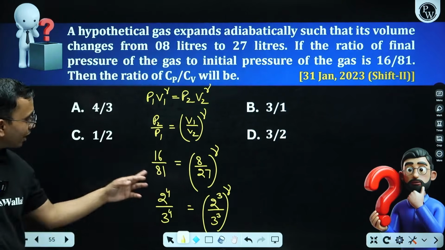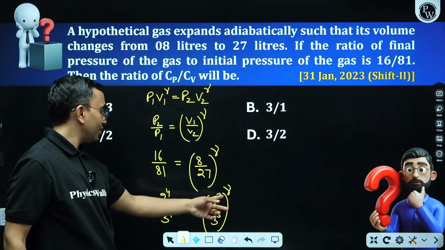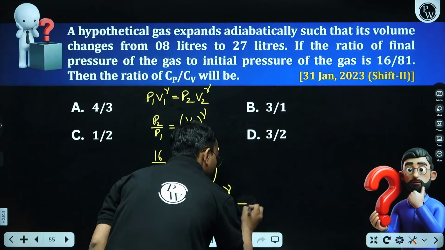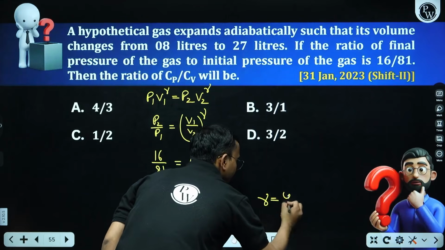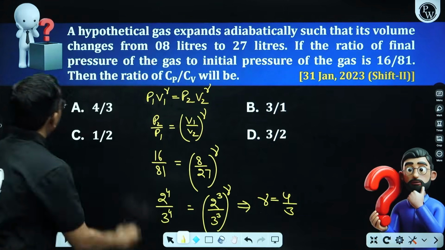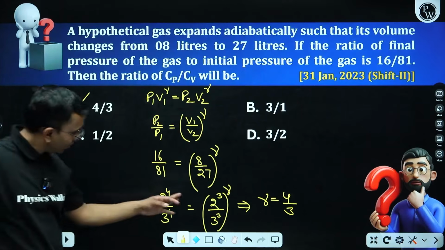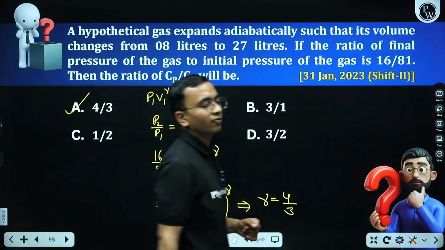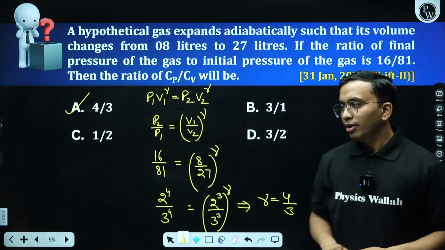So if I make this power 4 by 3, isn't it we will reach here? Yes. So gamma comes out to be 4 by 3. With 4 by 3, this 3 will get cancelled. 2 to the power 4 by 3 to the power 4 will be there. Okay.